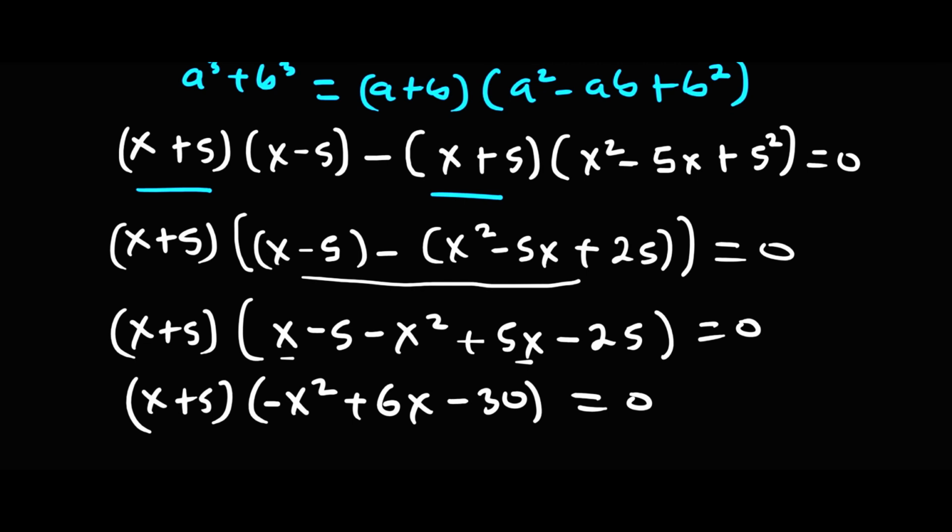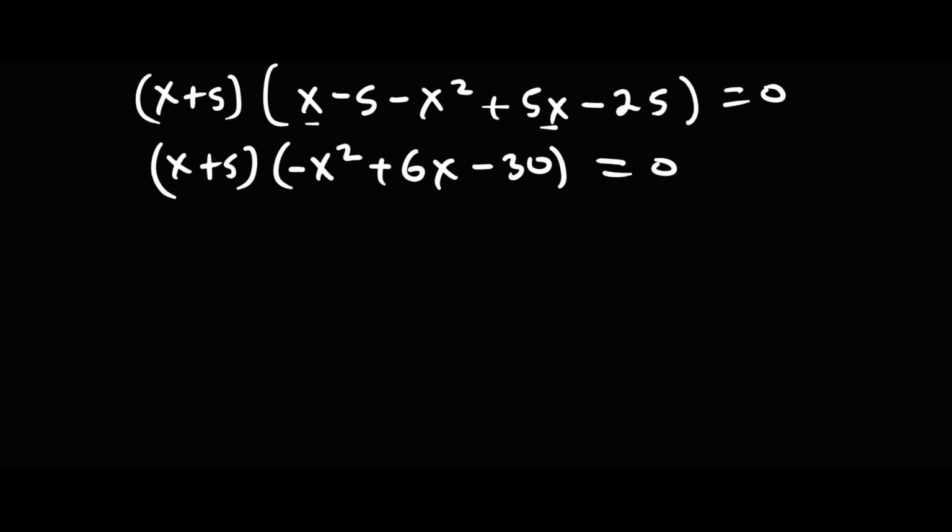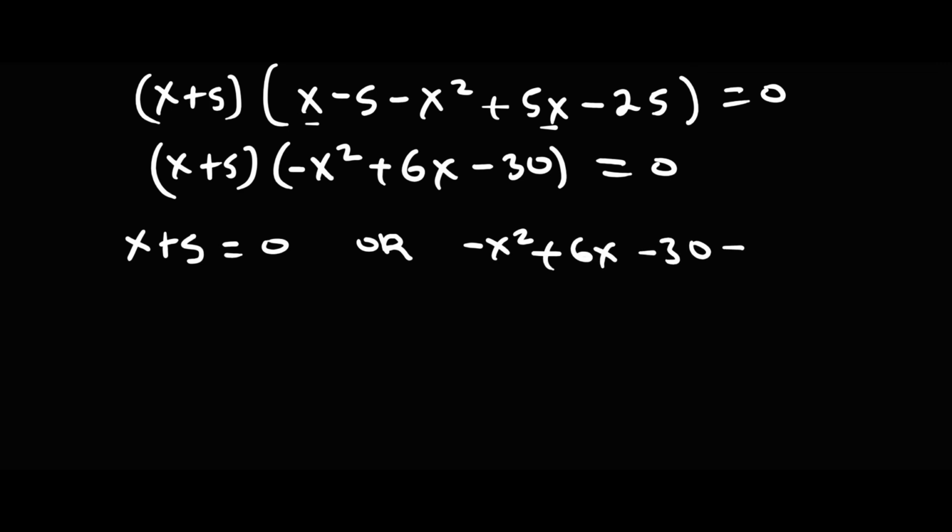So at this stage, you have a product of two numbers giving you 0. So it means that x plus 5 could be 0, or minus x squared plus 6x minus 30 could be 0. So if the first one is the case, then x is equal to minus 5, which becomes our first solution of x.